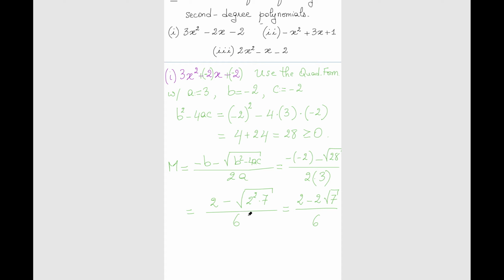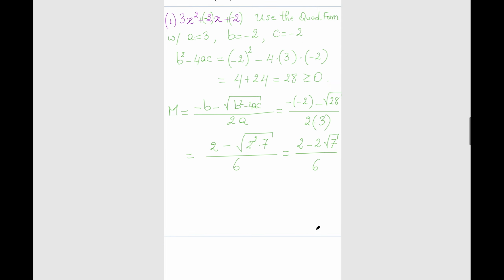Agree with me? One more time. Square root of 4 times 7 is square root of 4, which is 2, times square root of 7. So we get that. And now if you factor out a 2 upstairs, you get 1 minus square root of 7. And downstairs you have 6, right? I factored out a 2 just to simplify the quotient.